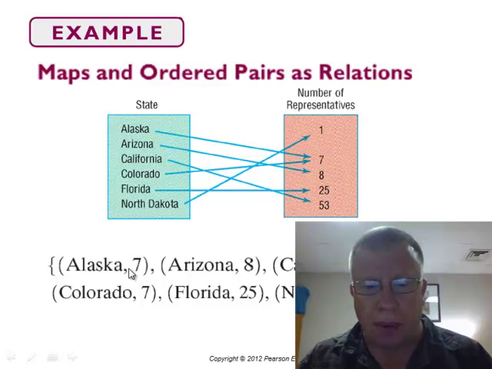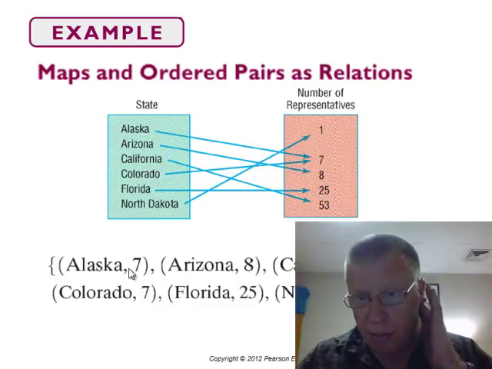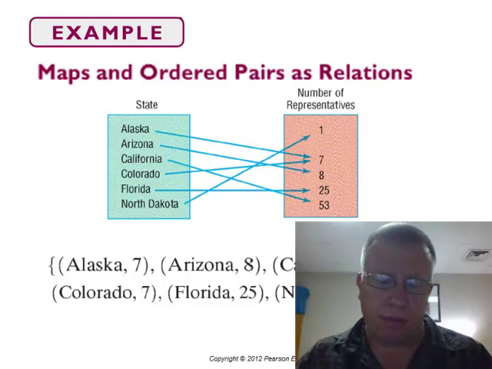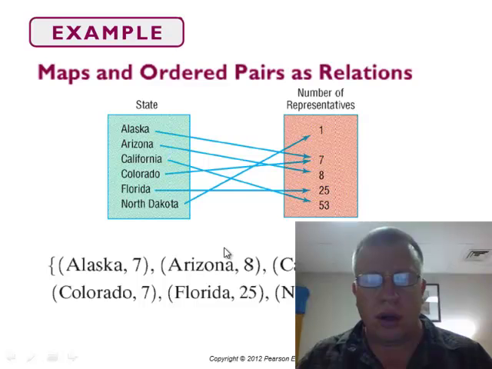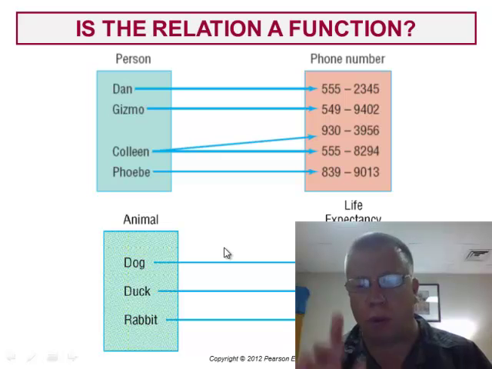Notice that both Colorado and Alaska are assigned to 7 because they both have 7 representatives. That's okay. We would have a problem, though, if we have a relation where some state has 2 different numbers of representatives. That would be kind of chaotic, huh? We're coming to that.